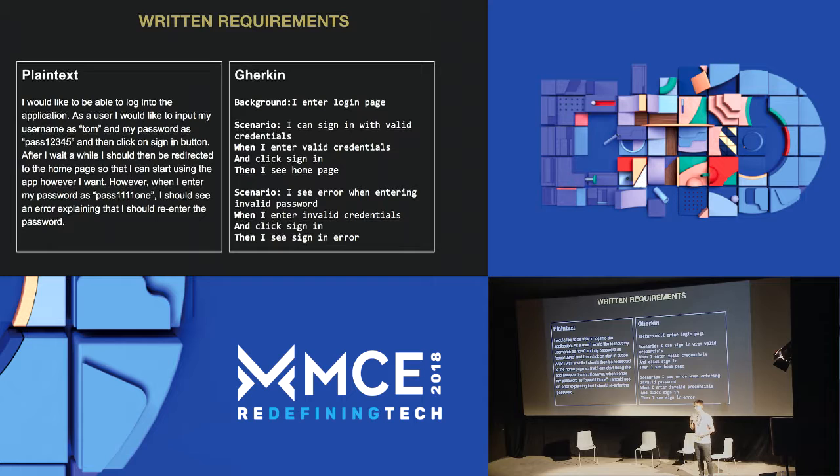There are a lot of complex sentences here, and it's hard to follow the fact that there are two separate use cases. And on the other side, you can see how it looks in Gherkin. It adds a well-defined format, and it's much easier to read.